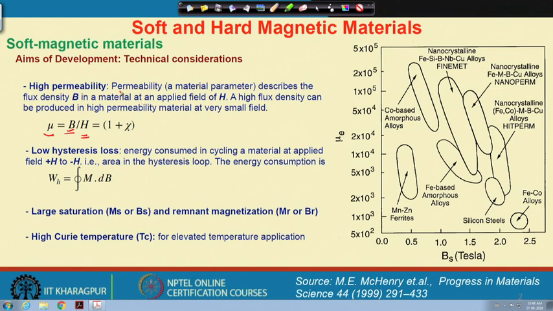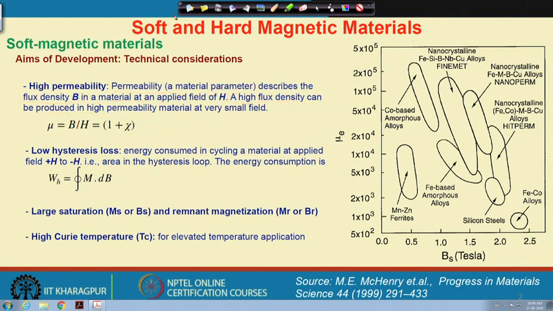The permeability of a material is a material parameter that describes the flux density B inside a magnetic material at an applied field of H. A high flux density can be produced in a high permeability material at a very low applied field. That is a typical characteristic that we need for developing soft magnetic material.